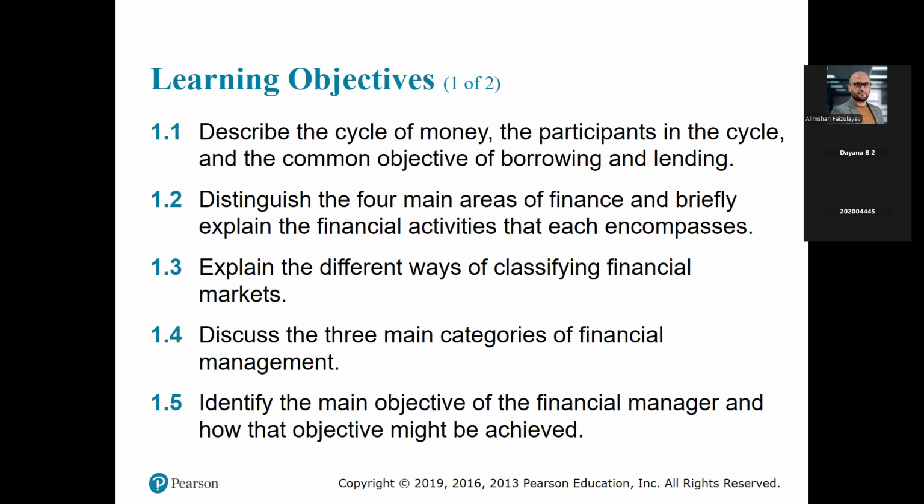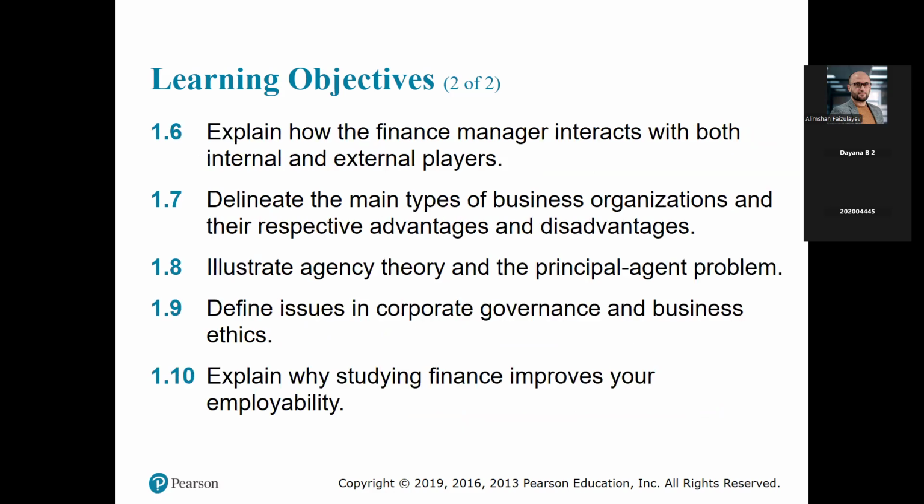And of course, we'll come up with the main objective of the financial manager. What is the goal the financial managers should put before they proceed with their businesses? And explain how the financial managers interact with both internal and external players. Underline the main types of business organizations that we may have.